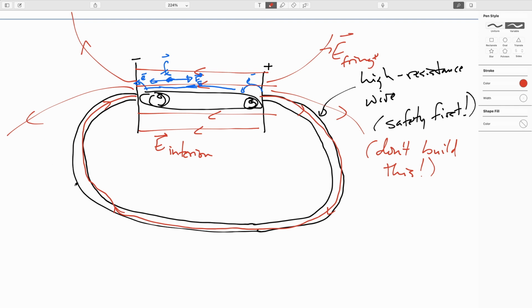And so within our high resistance wire, what's going to happen with our electrons? Well, it's going to see an electric field that is pointing to the right. So which way is an electron right on this plate going to feel a force? Pause and get back with me. Yeah, it's going to feel a force to the left.